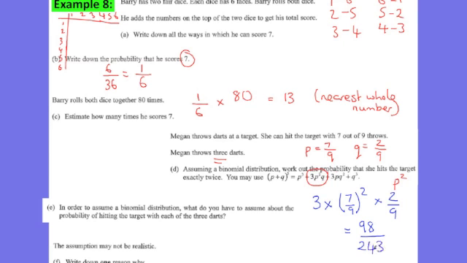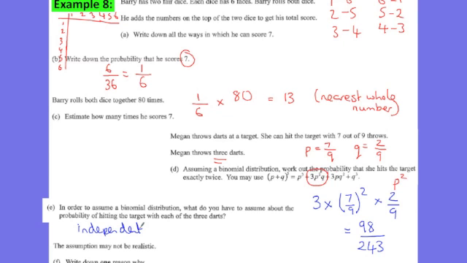We're then asked a very standard question. In order to assume a binomial distribution, what do you have to assume about the probability of hitting a target with each of the 3 darts? Really important, simply writing the word independent. And what that means is that each dart has the same chance of hitting the target. So if you hit the target, your probability of hitting a target again is exactly the same, remains unchanged.